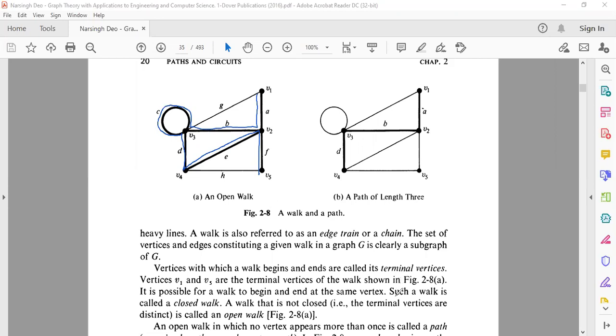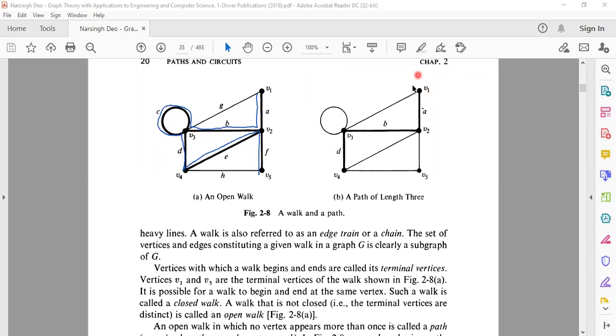Okay. But if your walk is not open, then you are... One another thing is that in a path, your edge shouldn't repeat, and your vertex should not repeat itself. So yes, this will be a walk definitely, but it will not be a path because here the vertex V3 is being repeated twice.